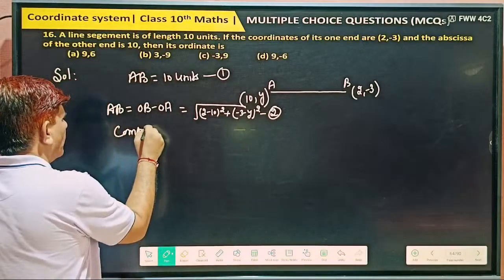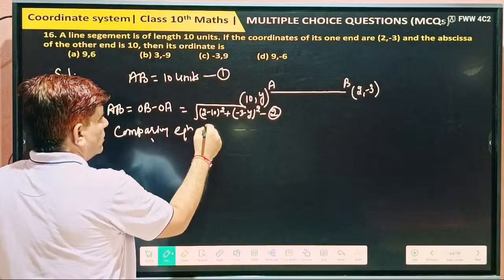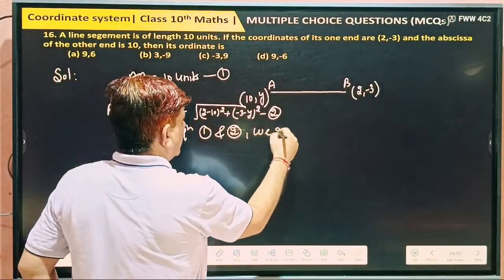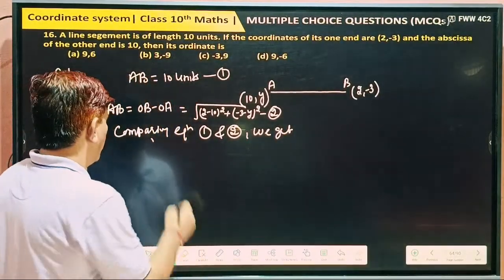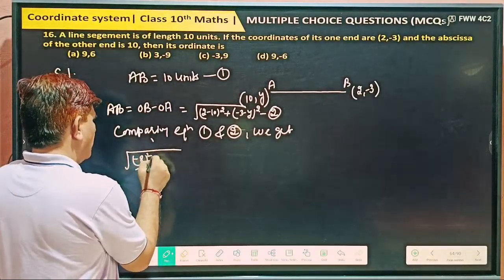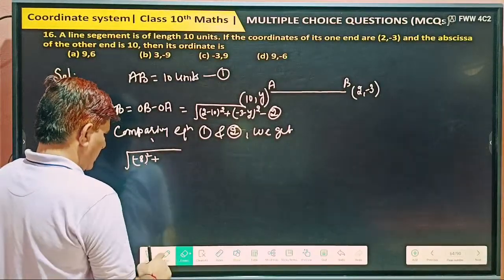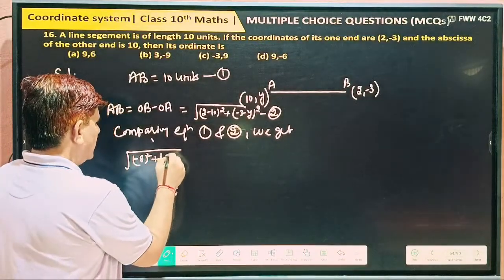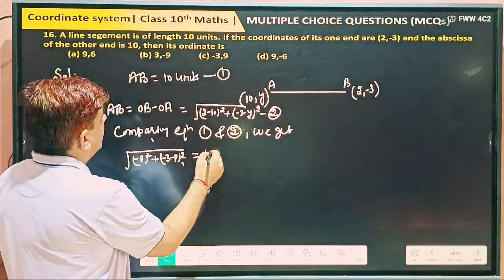Comparing equation 1 and 2, we get, left hand side equals, it means right hand side also equal. Minus 8 whole square plus minus 3 minus p whole square is equal to 10.